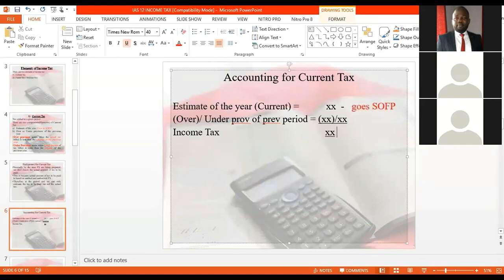This amount that accounts for over and under provision is what goes to the income statement. So when you are preparing your income statement, please don't put the total. What goes to the income statement is the estimate of the year plus under provision or minus over provision.